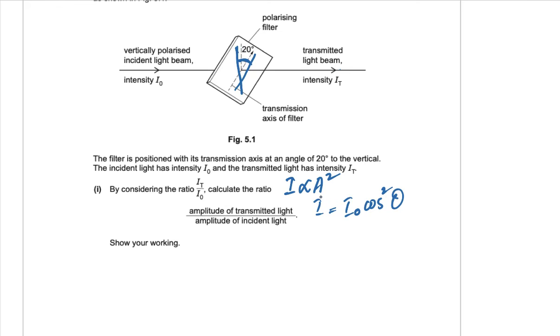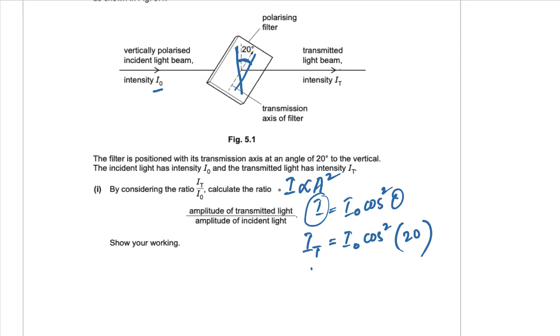All right, so we are going to have this IT, that is the intensity of the light over here after it has been transmitted through the polarizing filter. So this is equal to the initial intensity, that's I0 over here, multiplied by cos square, and the theta value is 20 degrees. All right, so your IT becomes I0 cos square 20.